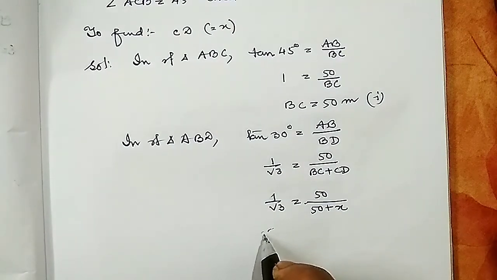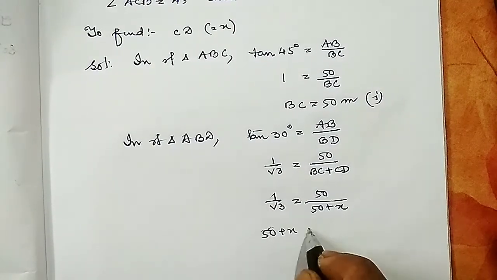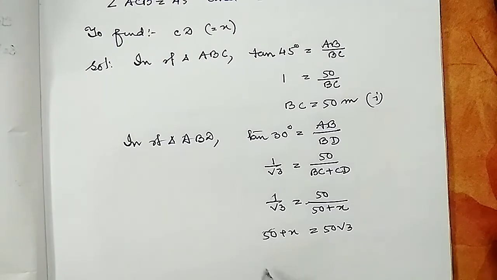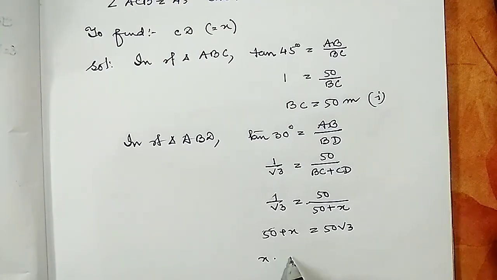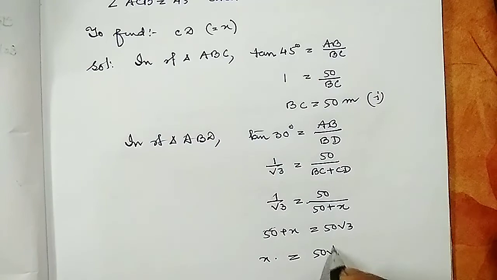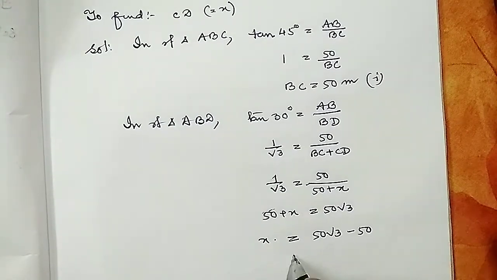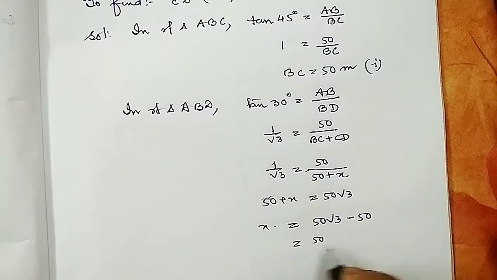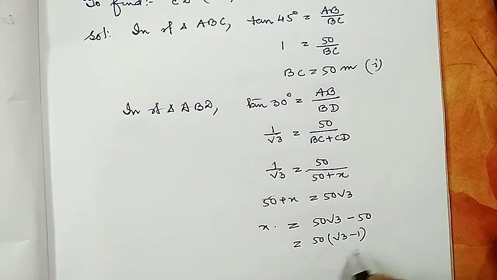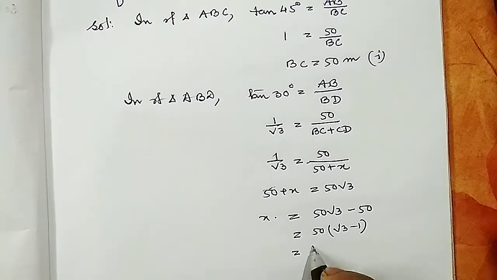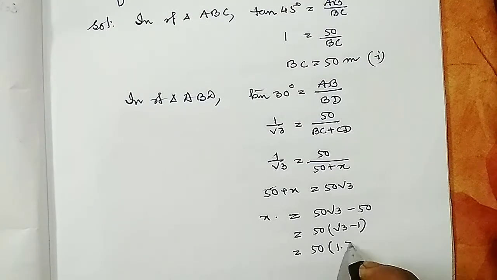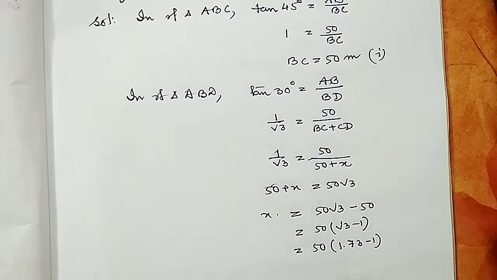If I cross multiply, 50 plus x equals 50 root 3. So x equals 50 root 3 minus 50. If I take 50 common, I am going to get root 3 minus 1. Value of root 3 is given in the question, 1.73 minus 1.